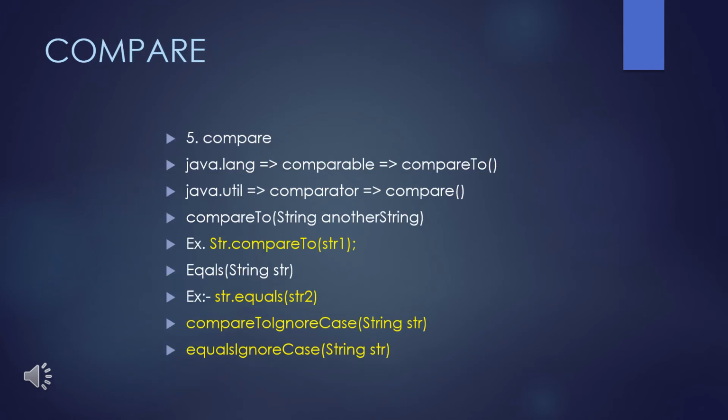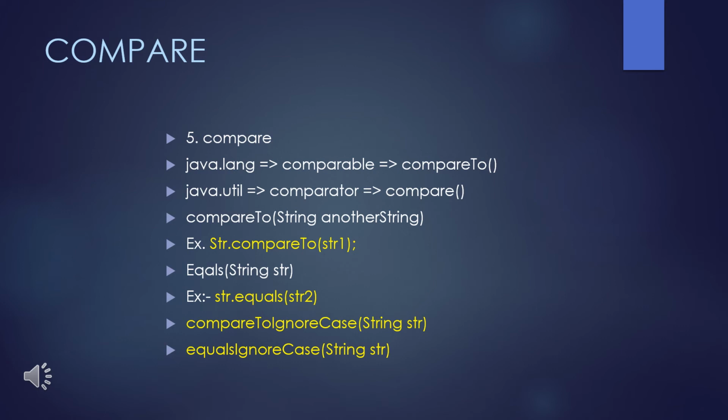The fifth one is compare. We have three types of comparisons. First, you can use two methods. The first one is the java.lang Comparable compareTo method, and the next one is the java.util Comparator compare method. So compareTo means a.compareTo(b), where a is compared to b, like b is compared to c.